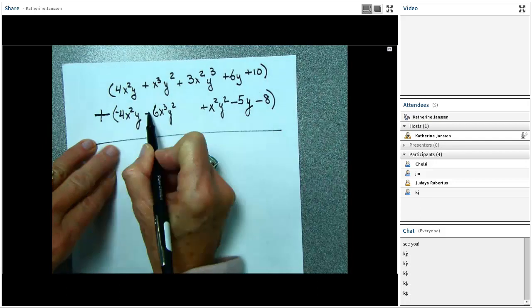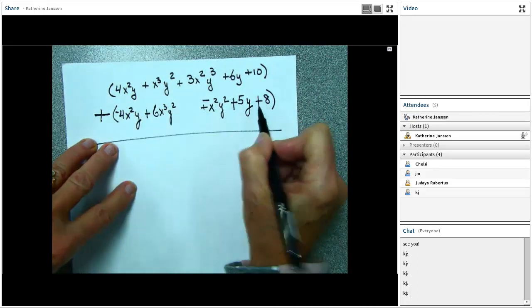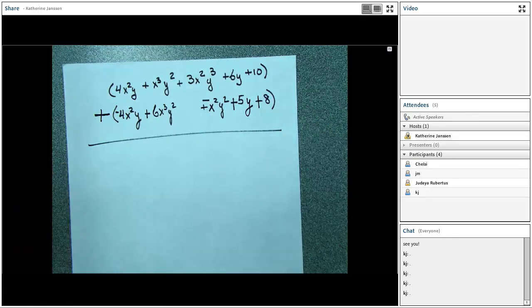This will be a negative, this can be positive, this will be negative, it's going to be positive, and this will be positive. We looked at that yesterday. The opposite of a polynomial, it's distributing negative 1 times every term in your polynomial, or just simply change subtraction to addition and add the opposite of each term.